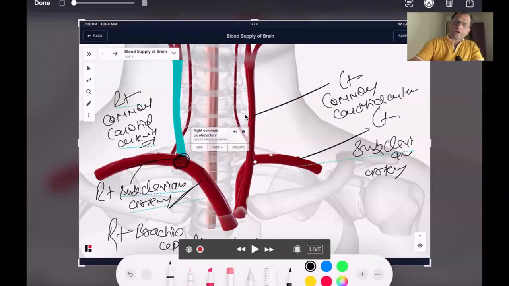So what is the meaning of carotid? Carotid artery. Carotid का मतलब क्या होता है?